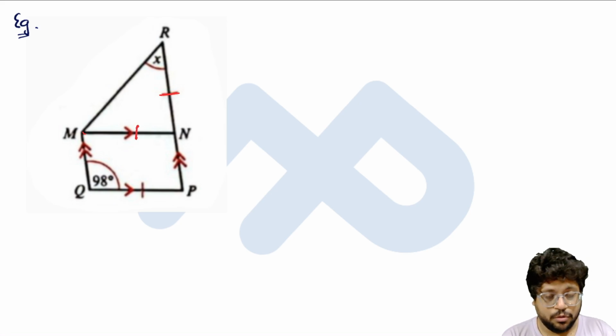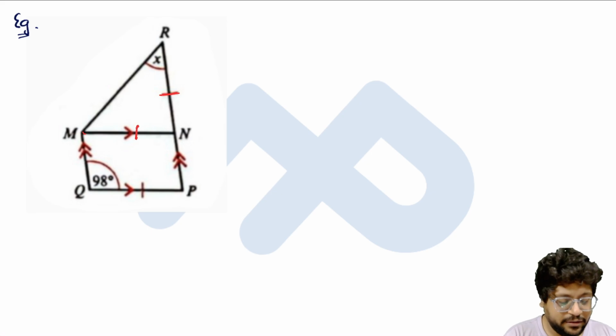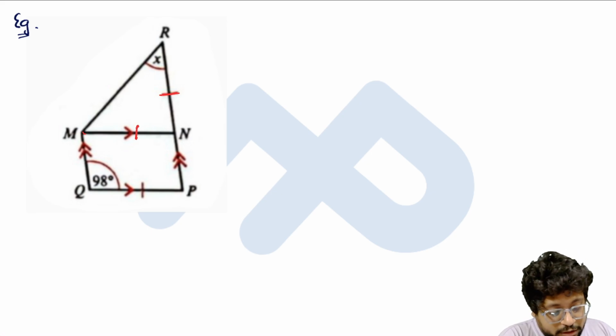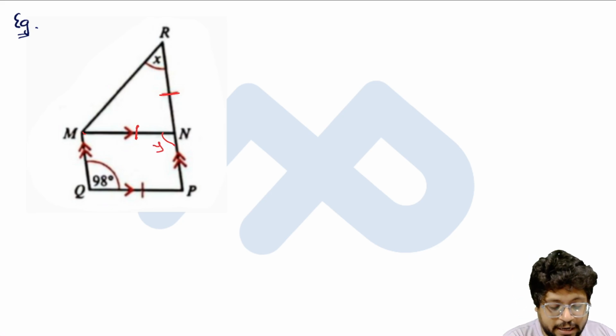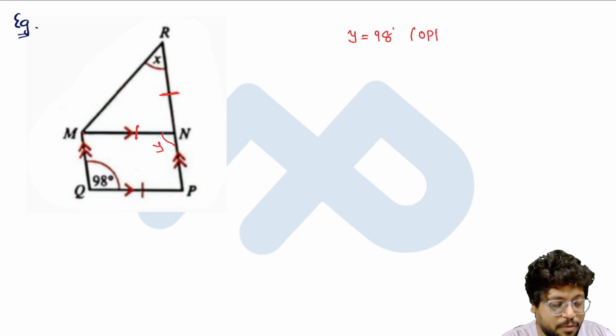In a parallelogram, both pairs of opposite sides are parallel and equal. Moreover, this angle, let's call it y, will be equal to 98. Why? Because opposite angles of a parallelogram are equal to each other. So this y will be equal to 98, and the reason is opposite angles of a parallelogram.